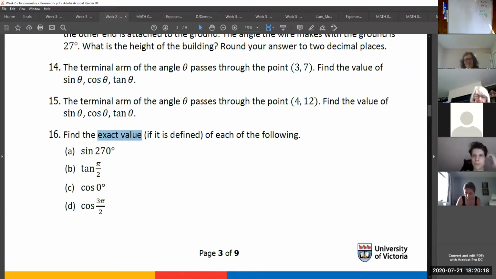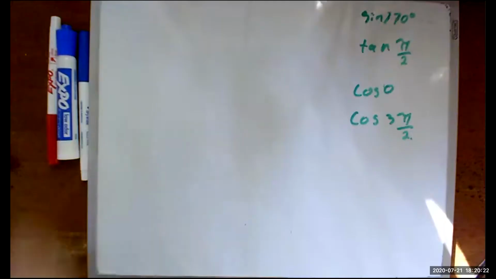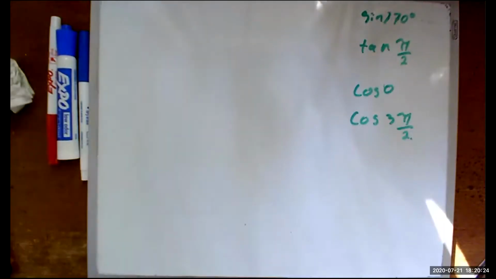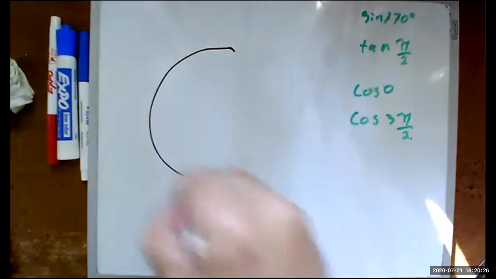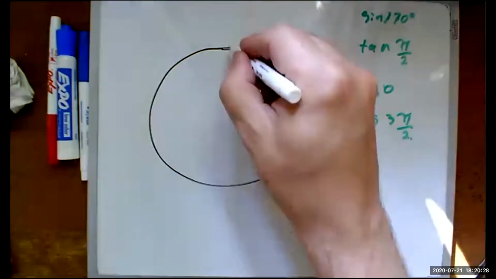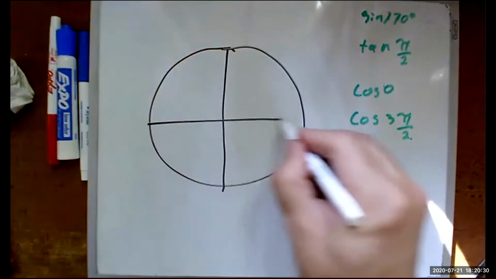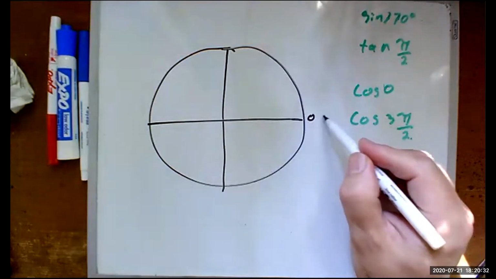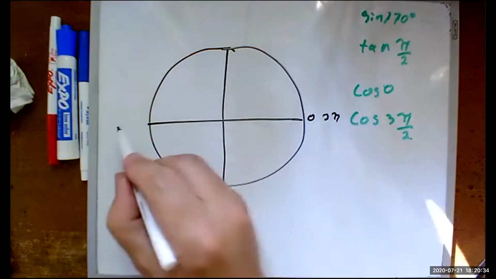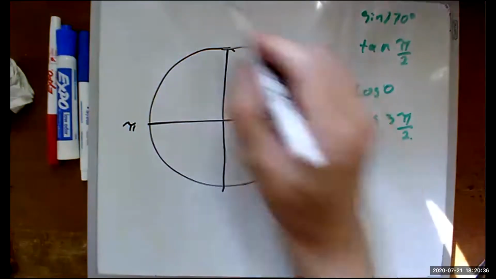Let me flip back to my camera. There's our unit circle. 0 or 2 pi. There's pi.